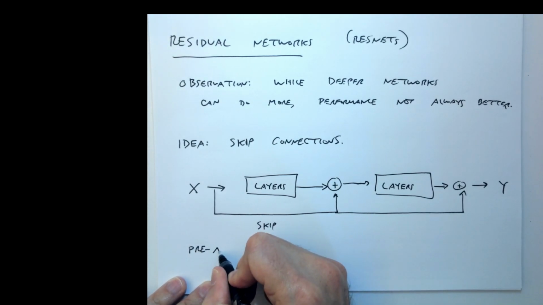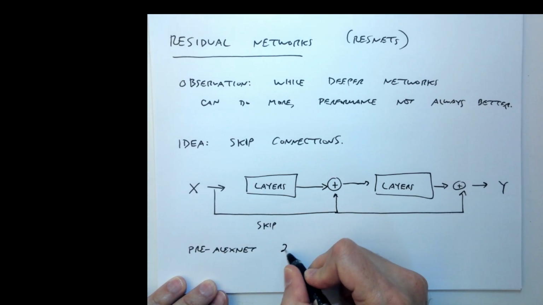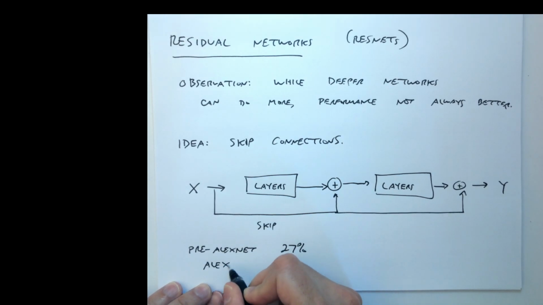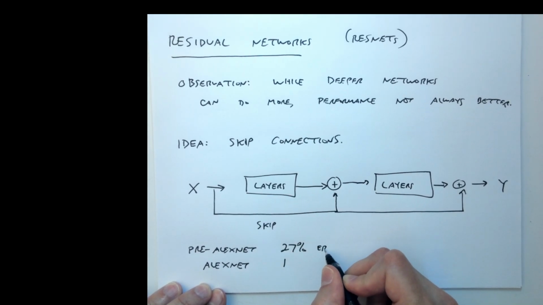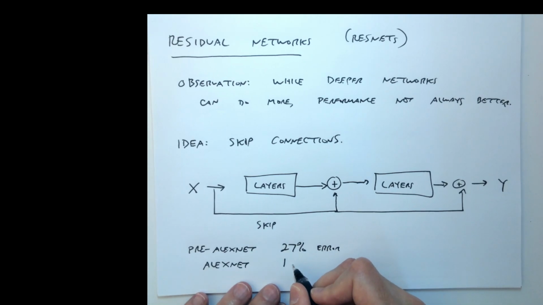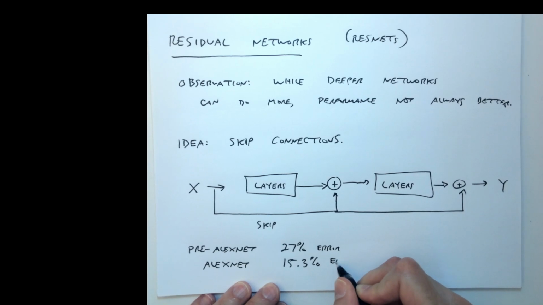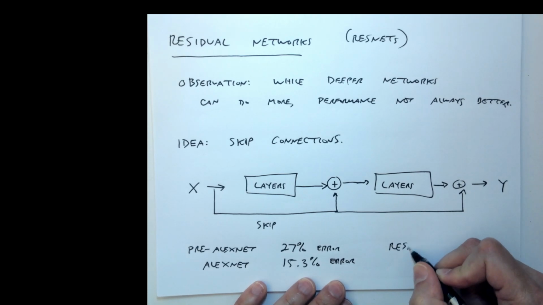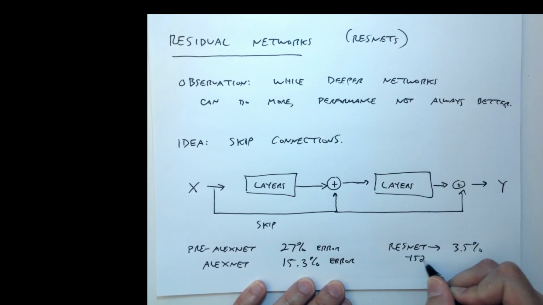To give you some sense, pre-AlexNet performance on that classification task was like 27% error. Then AlexNet immediately cut that in half, down to 15.3% error. And then ResNet cut that down even more, to like 3.5% error with 152 layers.